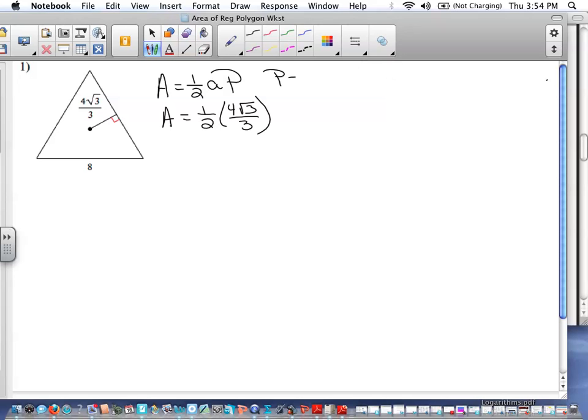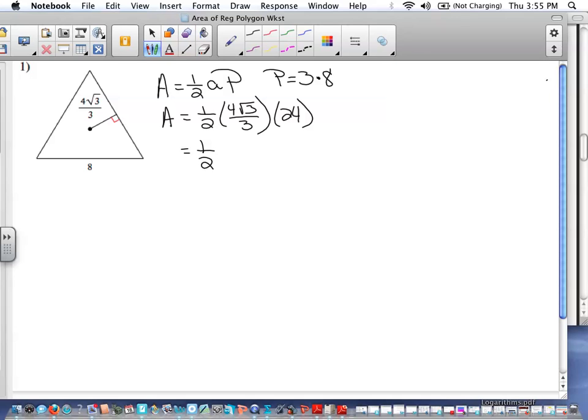The perimeter is equal to the number of sides times the length of a side. In this case, that is 24. So you can actually just find the value of that for √3 divided by 3.